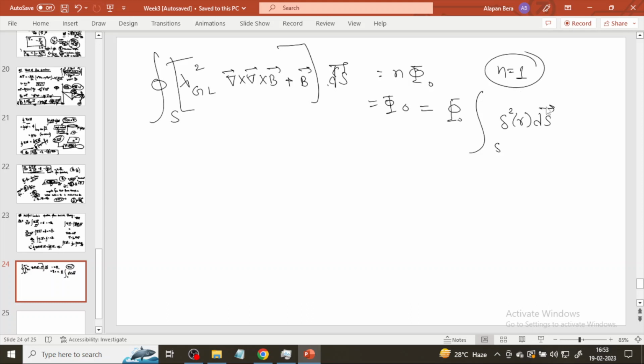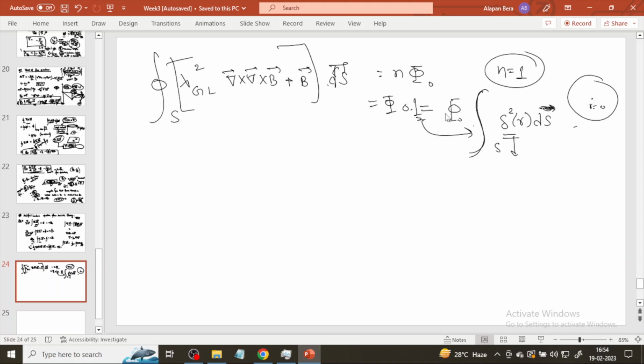When we take the surface integration of this Dirac delta function, it always gives us 1, as we know, if the area surface includes the origin, r equal to 0. So we can write the 1 as this.